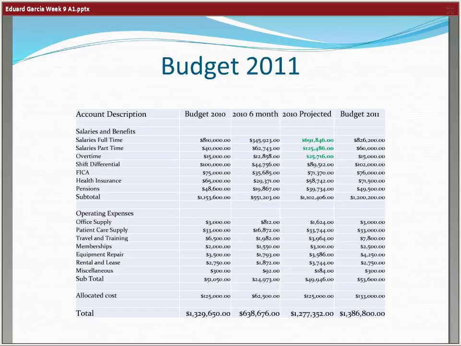I think the best is to stay with the full-time employees, but in order to reduce the expenses, this is the only way.